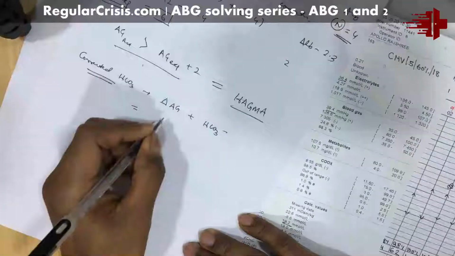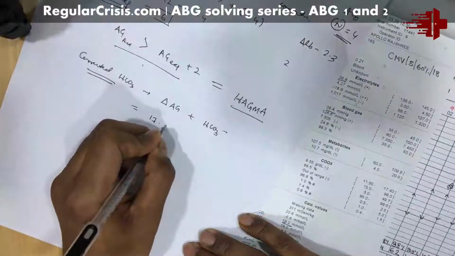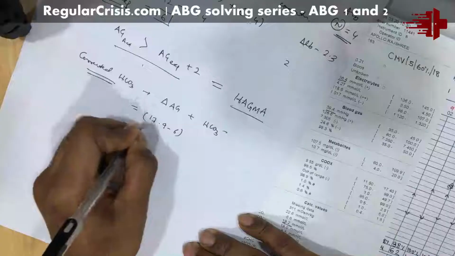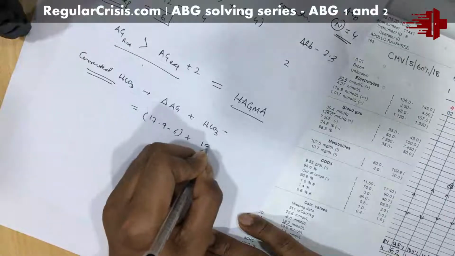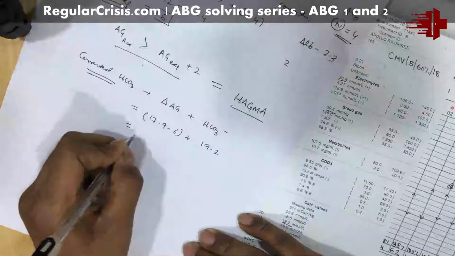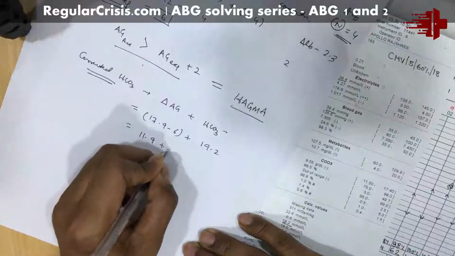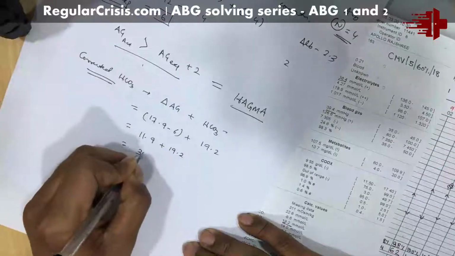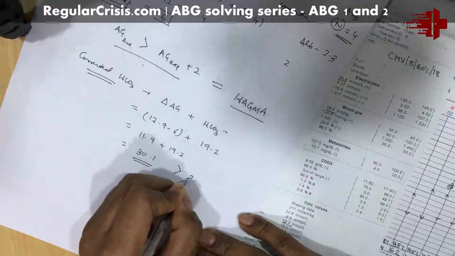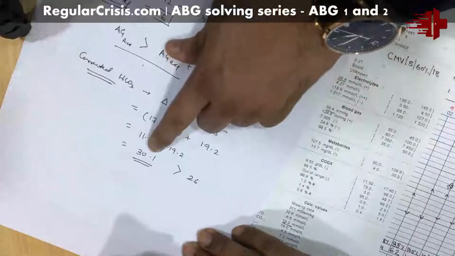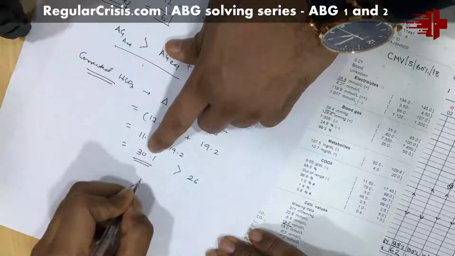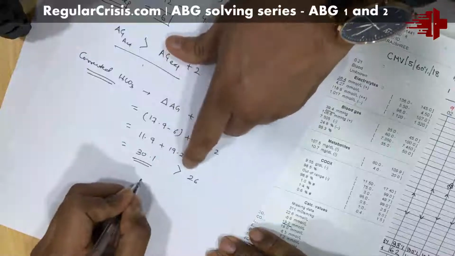So the delta anion gap will be 17.9 minus 6, and bicarb is 19.2, which will come to 11.9 plus 19.2, which is 30.1, which is above 26. If this comes between 22 to 26, there is no hidden disorder, but it is more than 26.